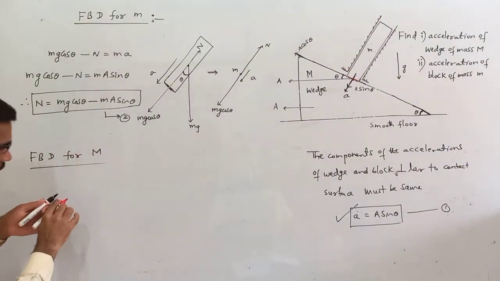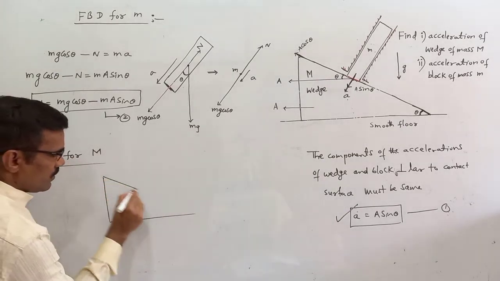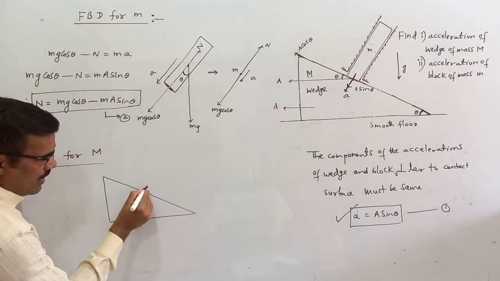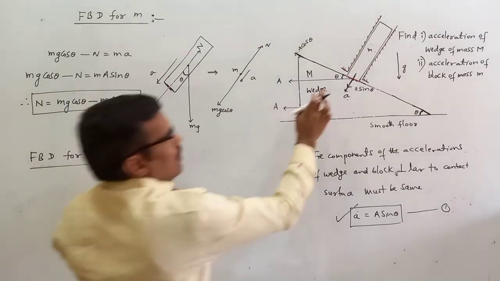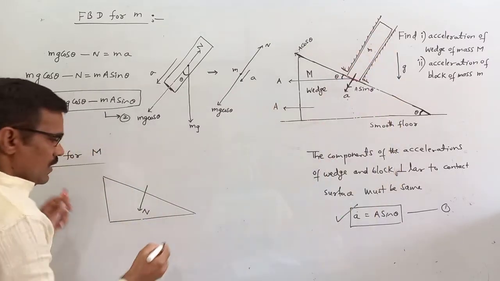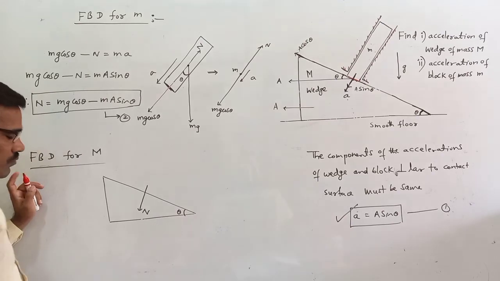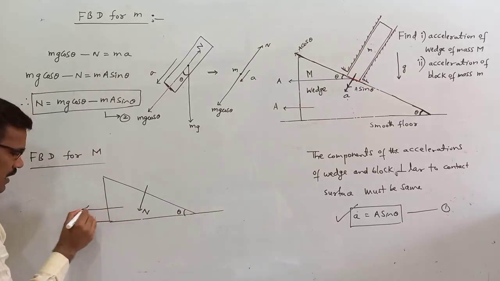So which side is the normal reaction acting? Here the normal reaction acting on capital M is this side. This is the angle theta. We know in which direction it moves, this direction.